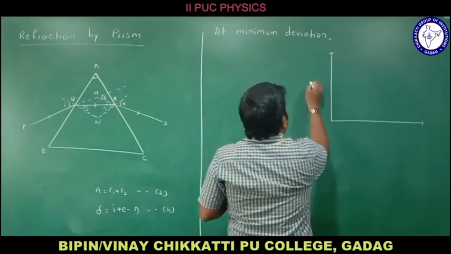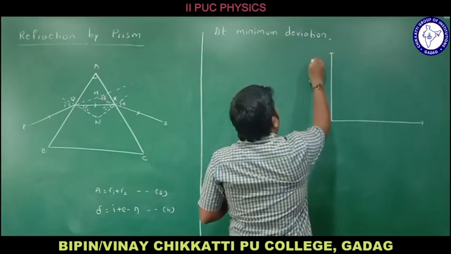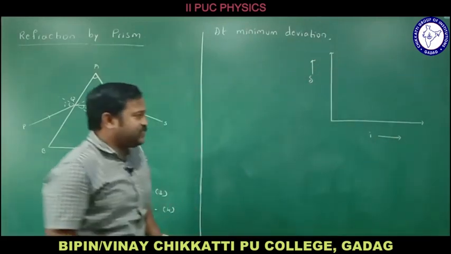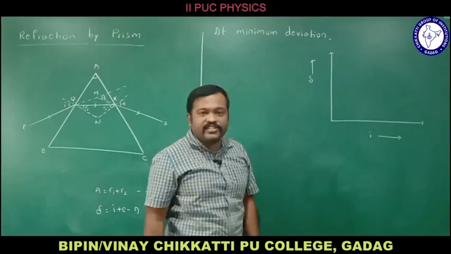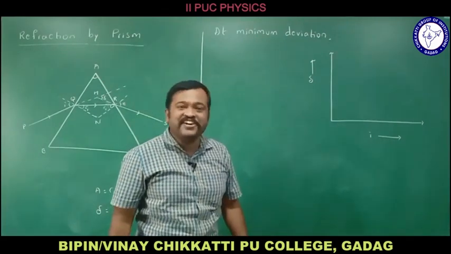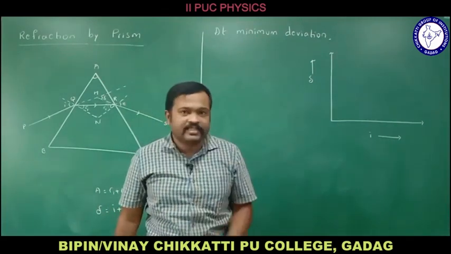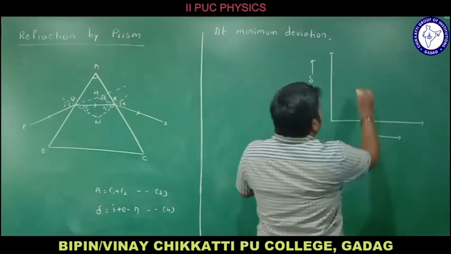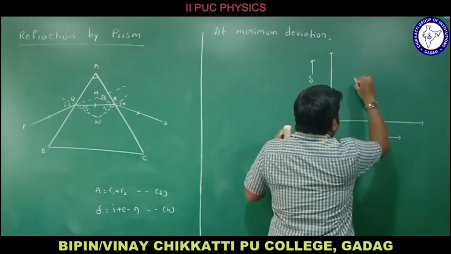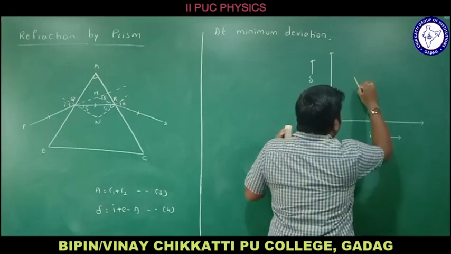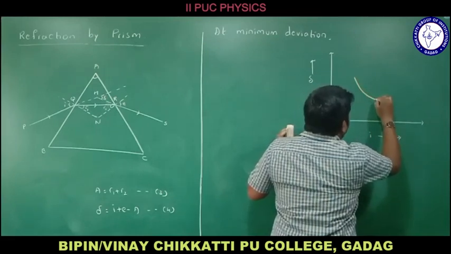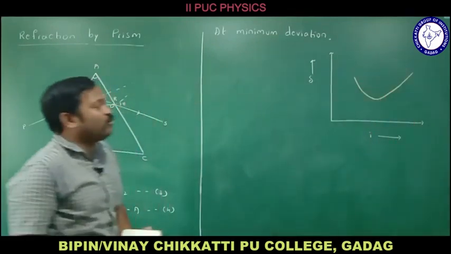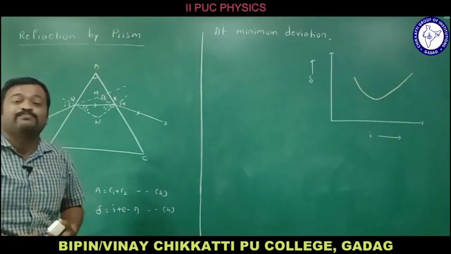Along x-axis, let me take angle of incidence. Along y-axis, let me take angle of deviation. As angle of incidence increases, angle of deviation decreases, and it moves like this. This is the graph we get experimentally.